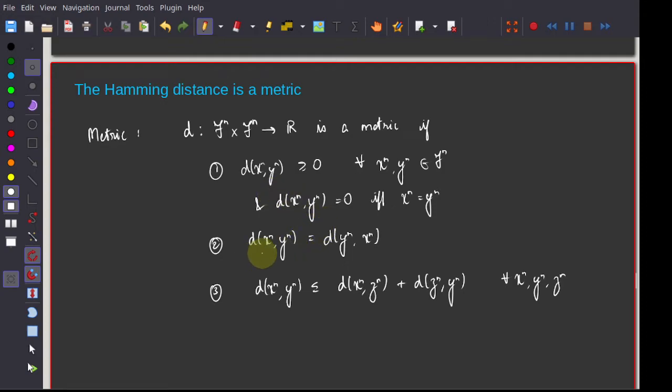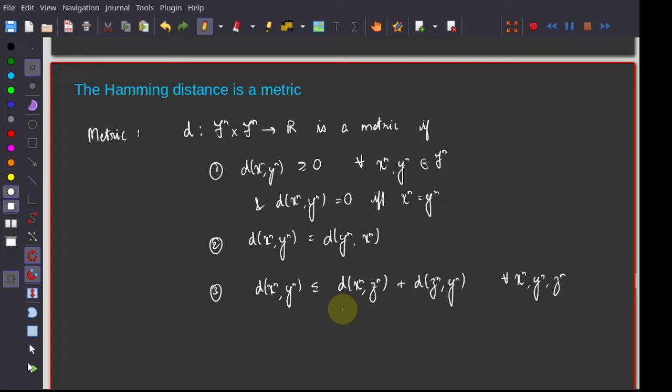It should be symmetric, right? The distance from point A to point B is the same as the distance from point B to point A. That's symmetry. The third property, which is really what makes it a metric, is that it satisfies the triangle inequality. That's one intuition from Euclidean distance that we'll borrow to extend to a general metric.